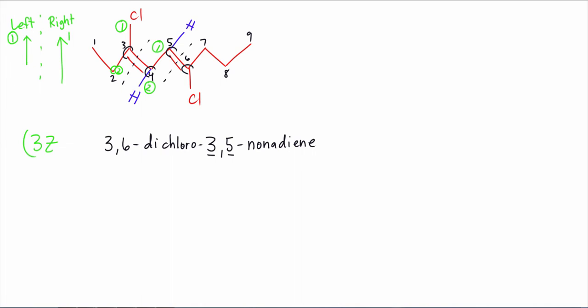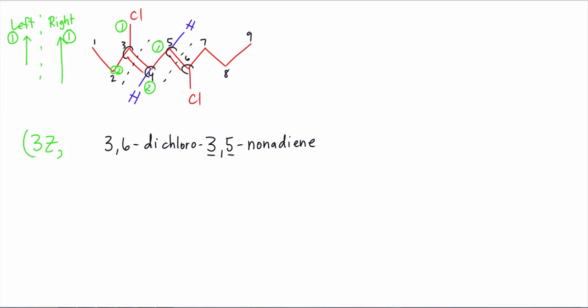Priority ones are projected on the same side of the double bonds. Okay, now let's take care of the order of 5. So 5, I've already done this one.